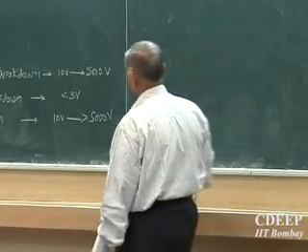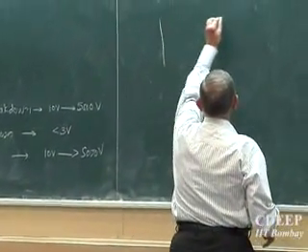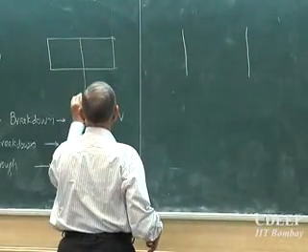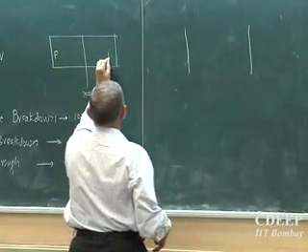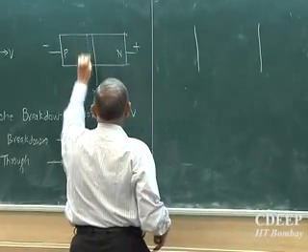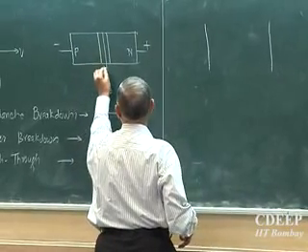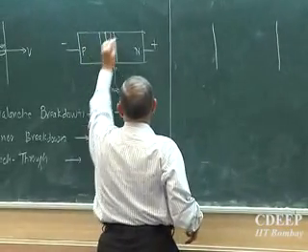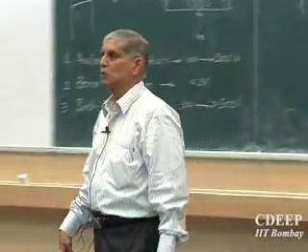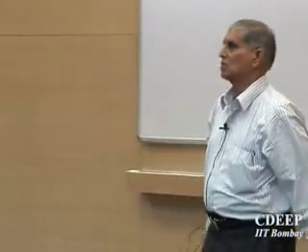The first one, the word suggests there is something called avalanche. So if I bias a diode under reverse bias, and start reverse biasing this device, initially the depletion width was W0, we call it zero bias, and the depletion width starts enhancing towards the P and N regions as I start increasing the reverse bias.